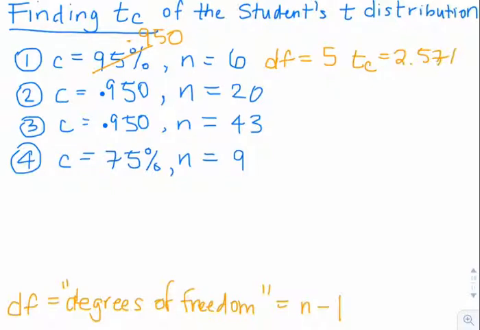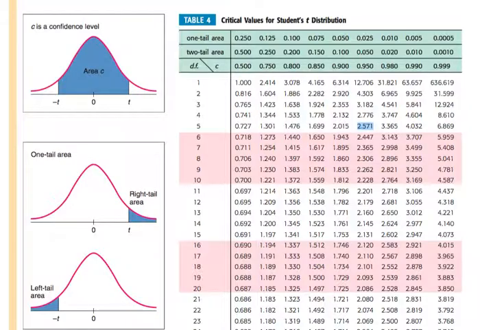Let's look at what happens if we're looking at the same confidence level, but we're changing our sample size. In number 2, same confidence level, but our sample size is now 20. So our degree of freedom is 19. Let's figure out what our t value is in this case. We're looking now at the row for 19, and we're still interested in 0.95.